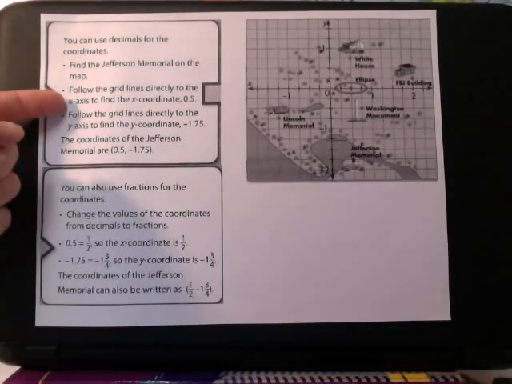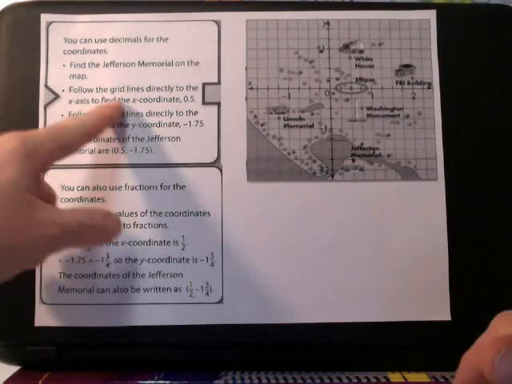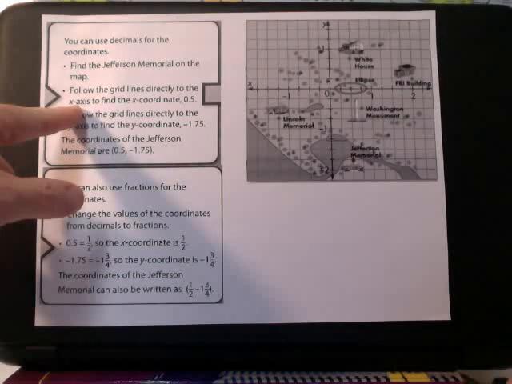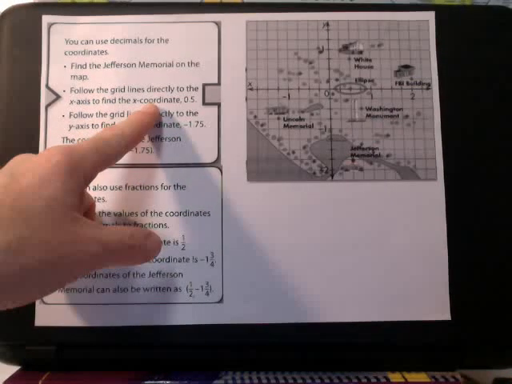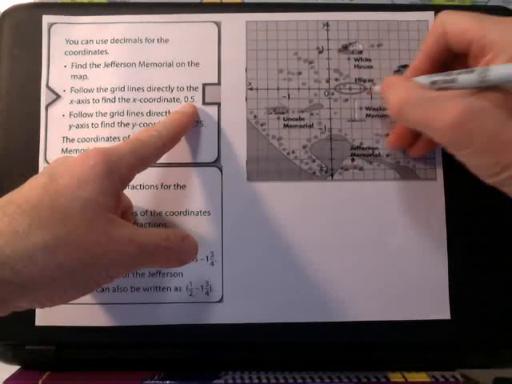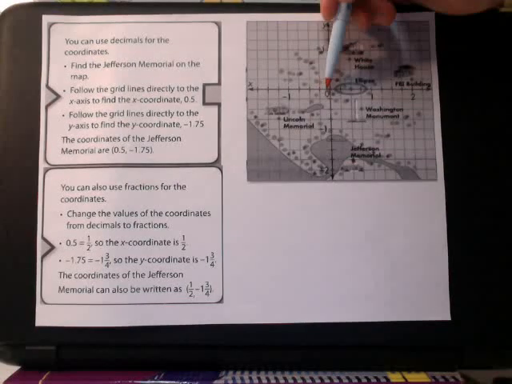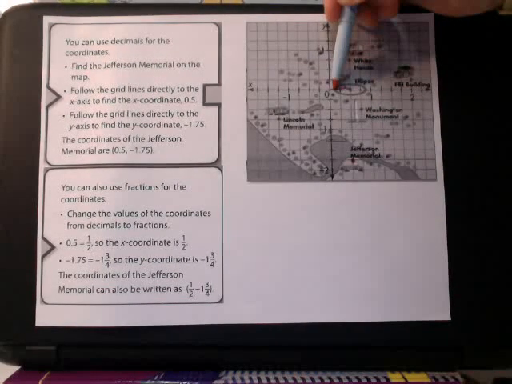Follow the grid lines directly to the x-axis to find the x-coordinate, 0.05. So we'd come over, and we are going to the Jefferson Memorial, so we'd come over to there.